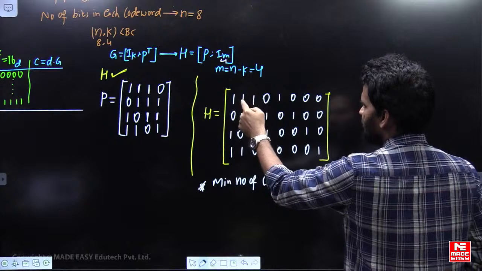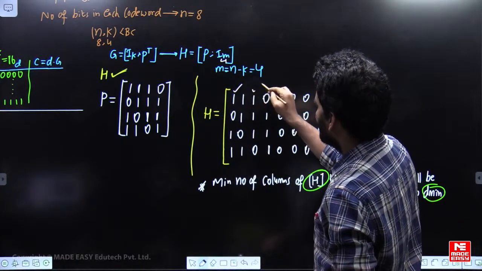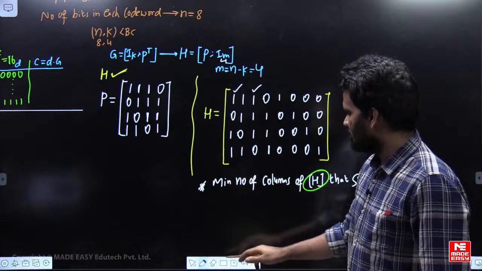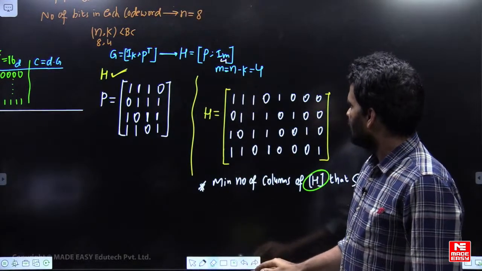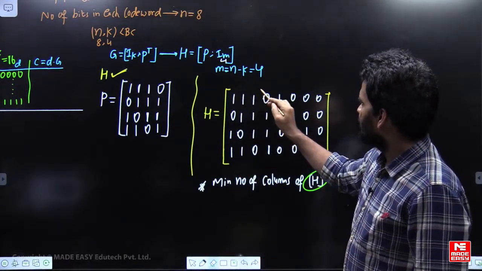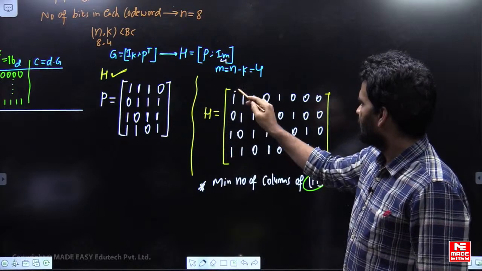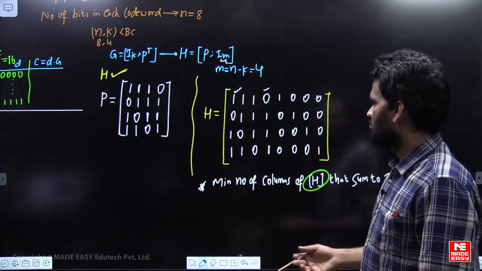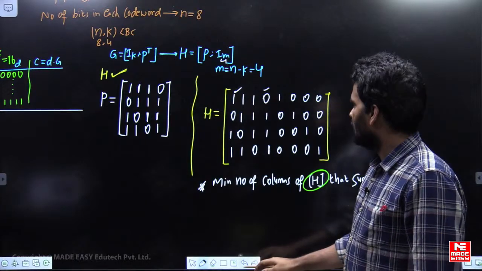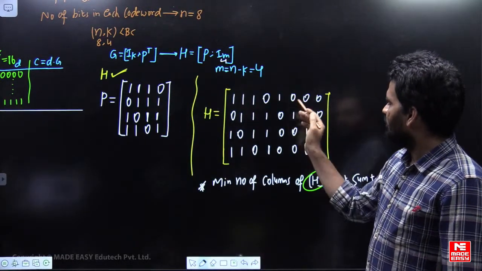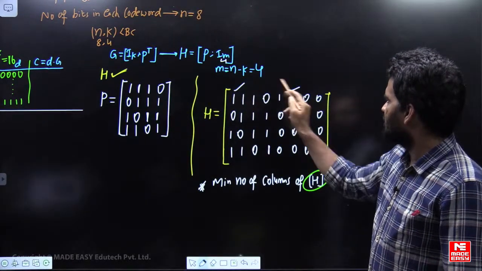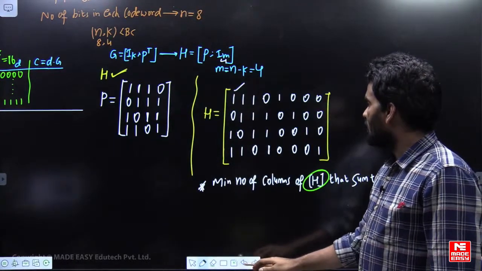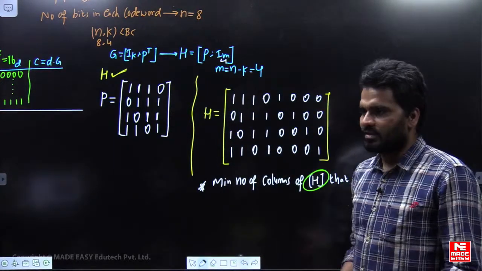Even for the sum of these two columns, 1 plus 1 is 0, but 0 plus 1 is 1, so that is not correct. Even if you go for this or this or this, it is not becoming 0. So the sum of any two columns you check is not becoming 0.